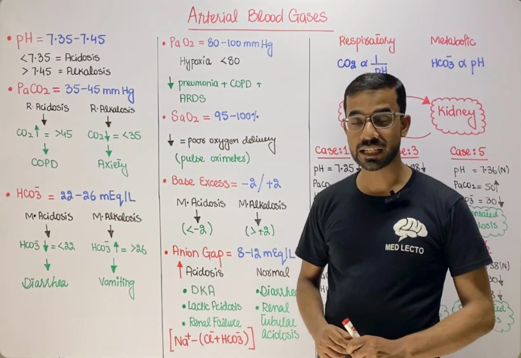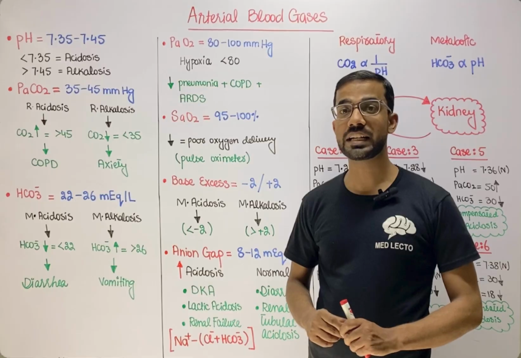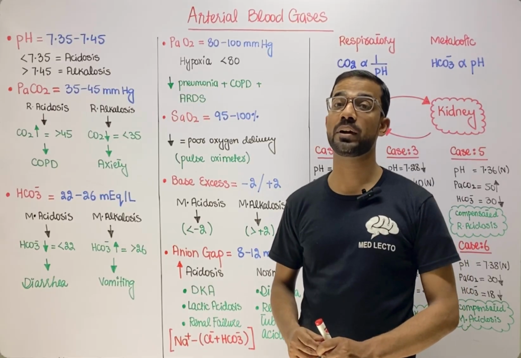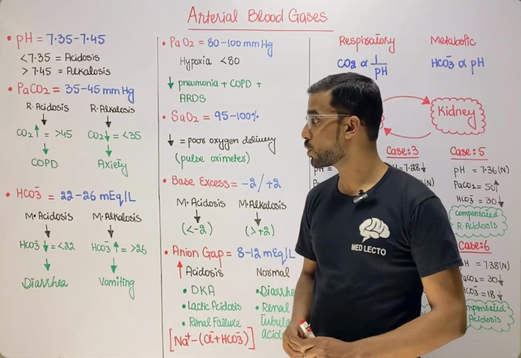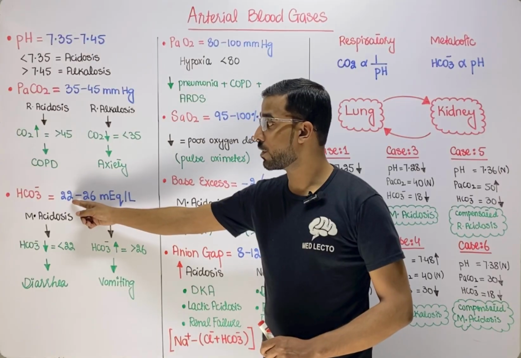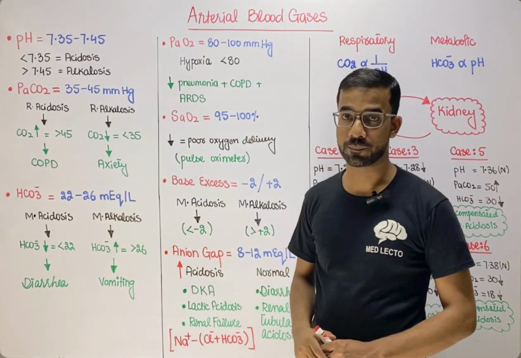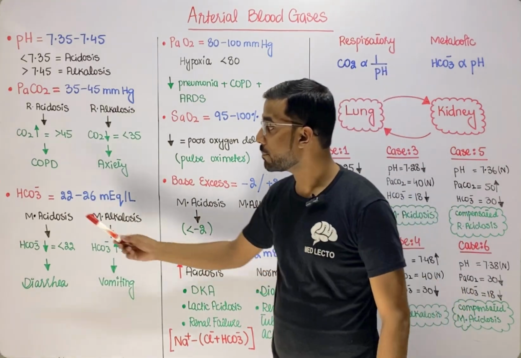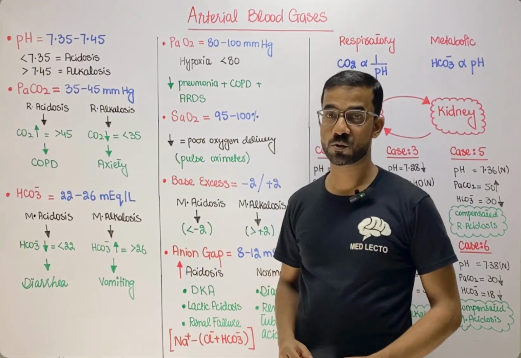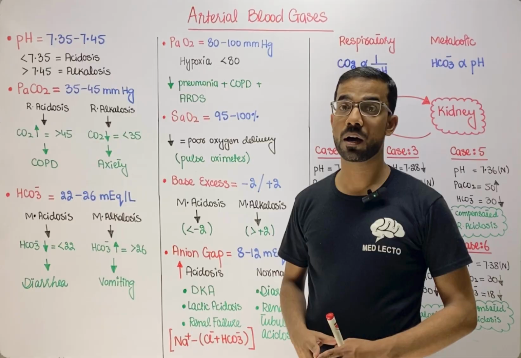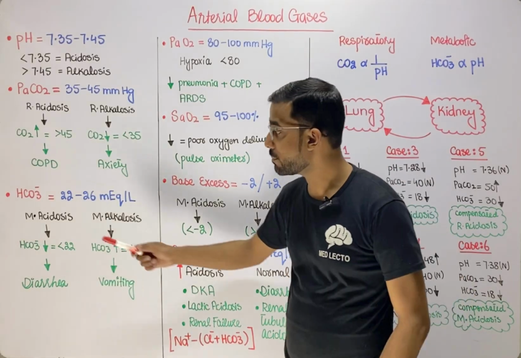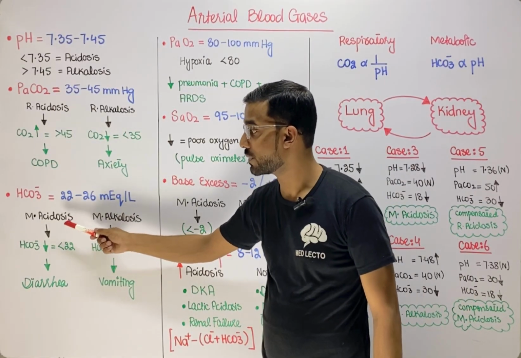Bicarbonate is alkaline in nature, and you have to link the bicarbonate with the kidney. So the normal value will be 22 to 26 milliequivalent per liter. Okay, next is metabolic acidosis. In metabolic acidosis, what will happen?